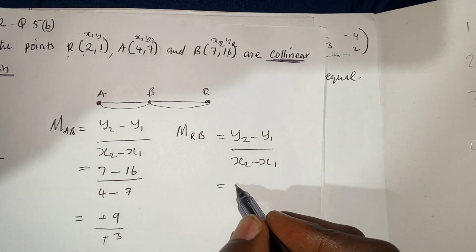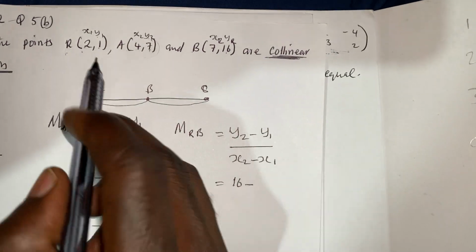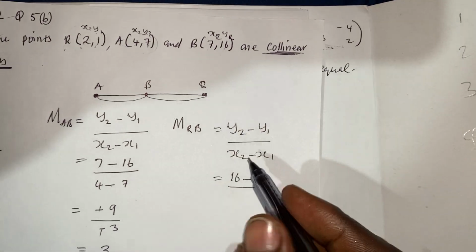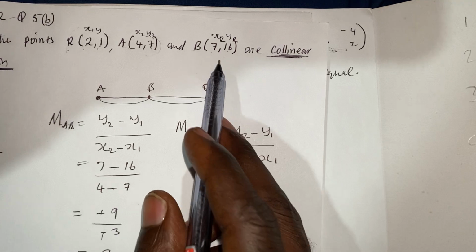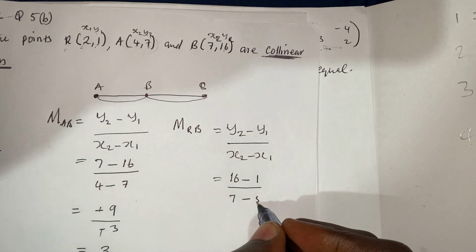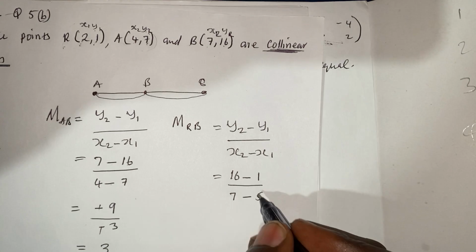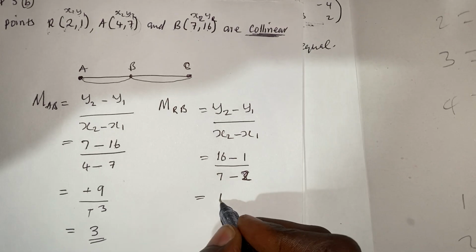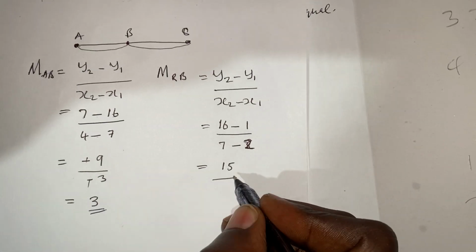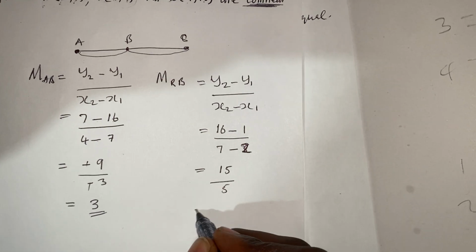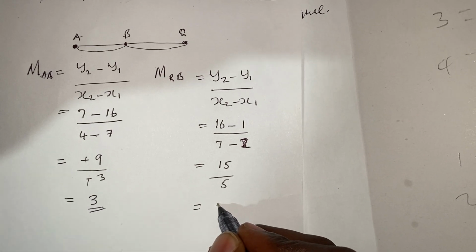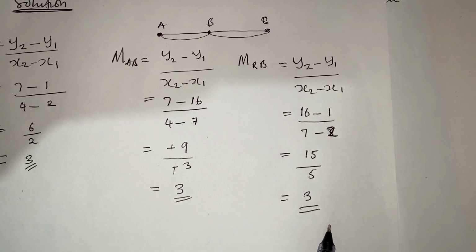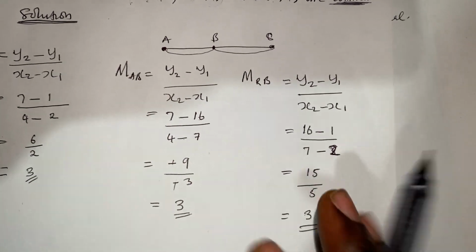So meaning our y2 there is 16 minus our y1, which is 1, over our x2, which is 7, minus our x1, which is 2. So 16 minus 1, that is 15, over 7 minus 2, which is 5. And 15 over 5 is 3. So now we can see that the gradients everywhere here, they are all equal. So meaning these points are collinear.